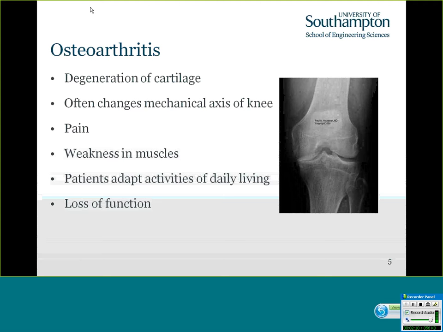Normally you see quite a lot of adaptation of activities of daily living, so patients adapt the way they move in order to protect the damaged joint. Often due to this you see a loss of function, so patients lose the ability to perform activities of daily living the way they normally would, and their function is normally below that of the healthy age-matched population.